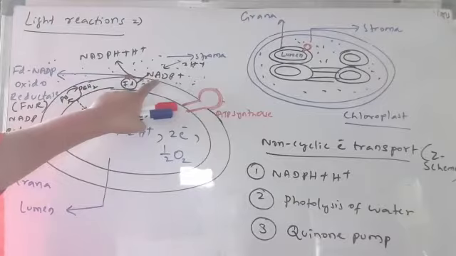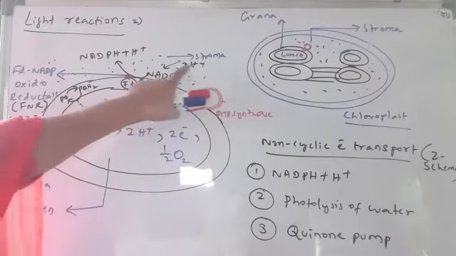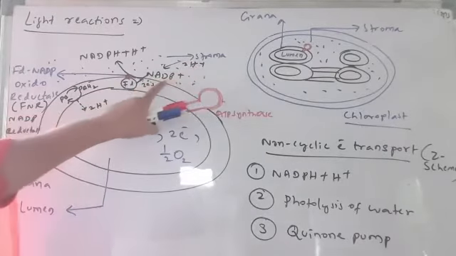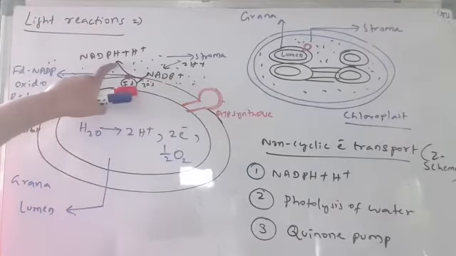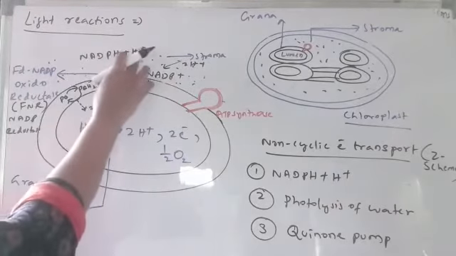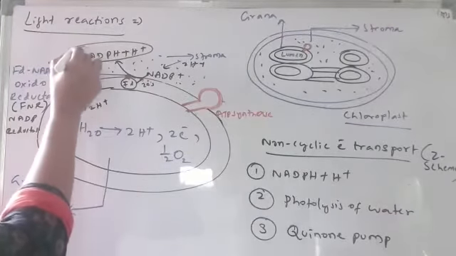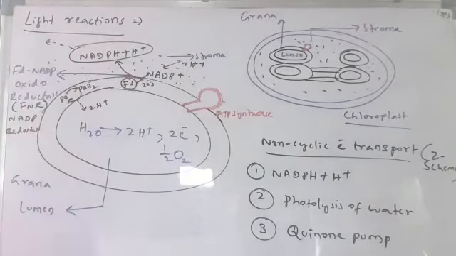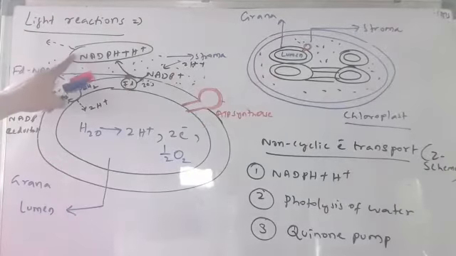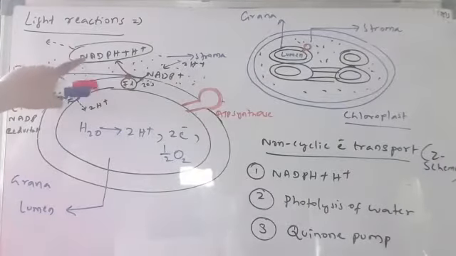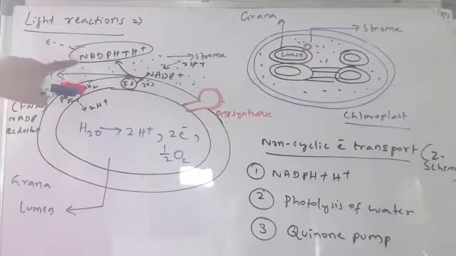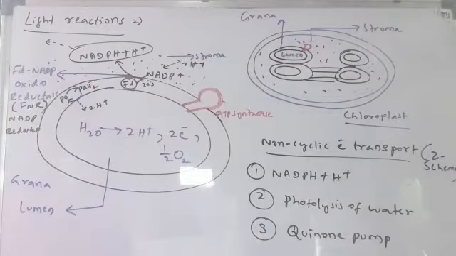So NADP+ took 2 electrons and then takes 2 protons from the stroma, and converts into NADPH plus H+. This NADPH plus H+ is released into the stroma, and is used for the dark reaction. This is what we studied yesterday.